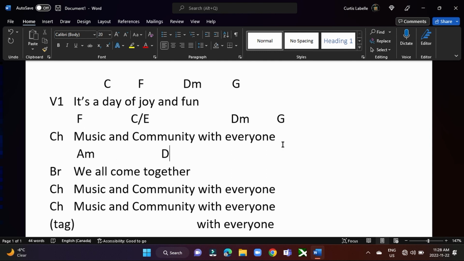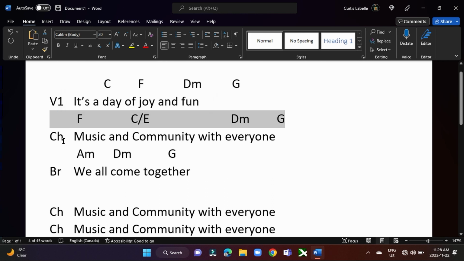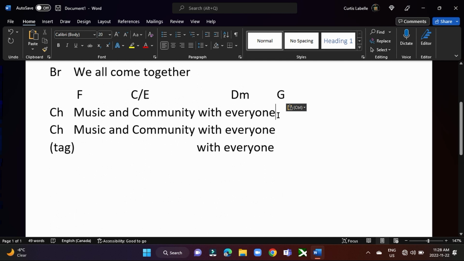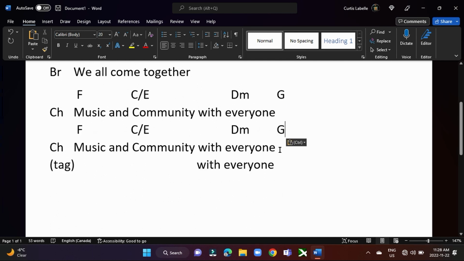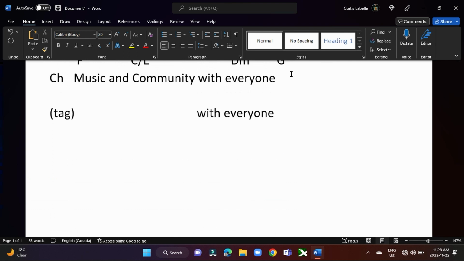Bridge: We all come together. We all come together. Music and community with everyone. Music and community with everyone. With everyone.